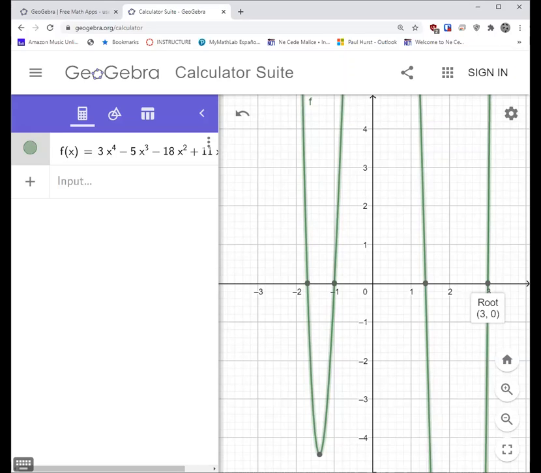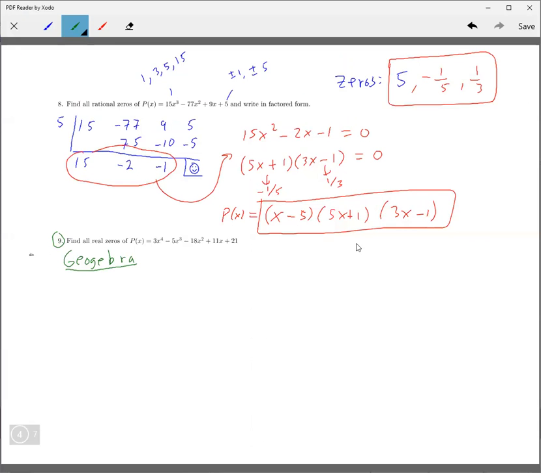We'll go back to the paper, and the two numbers were negative 1 and 3. And so what you're going to do is synthetic division with those two numbers that we just got. Okay, so 3, negative 5, negative 18, 11, 21. So I'm just putting these in. And when I do synthetic division with these, I should get a 0 right here because the graph said those were zeros.